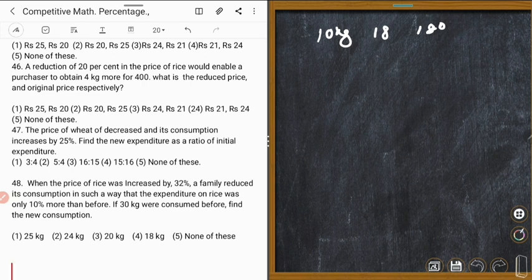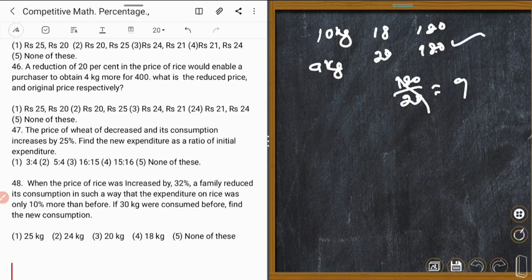And the rate increased to 20. Spending will remain the same, so he must cut down his consumption. 180 upon 20 is equal to 9. So he must consume 9 kg in order to keep his spending as before.